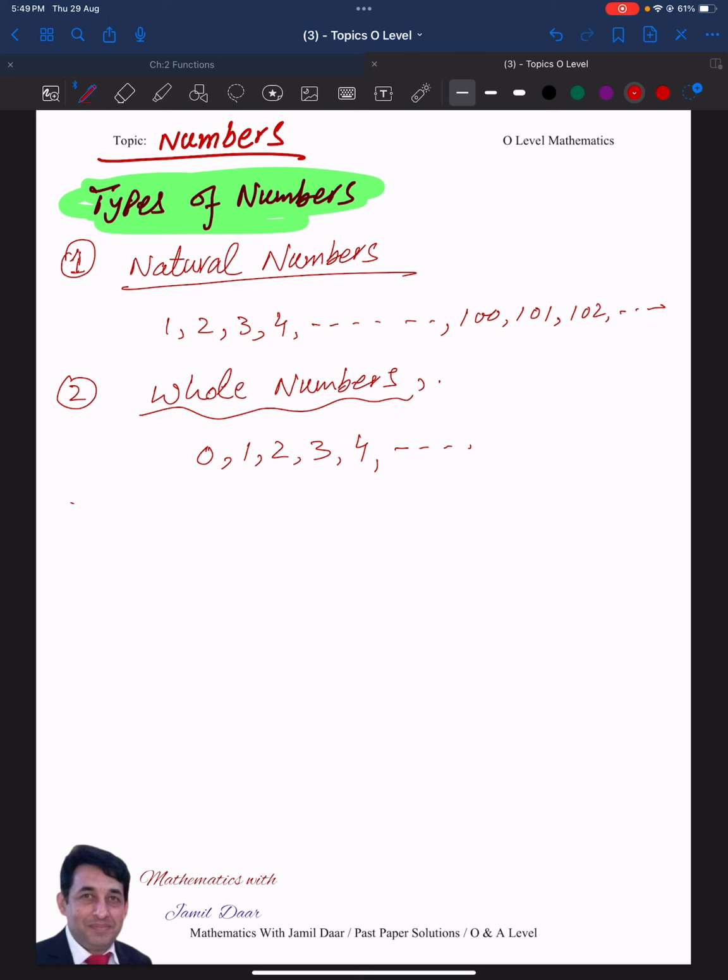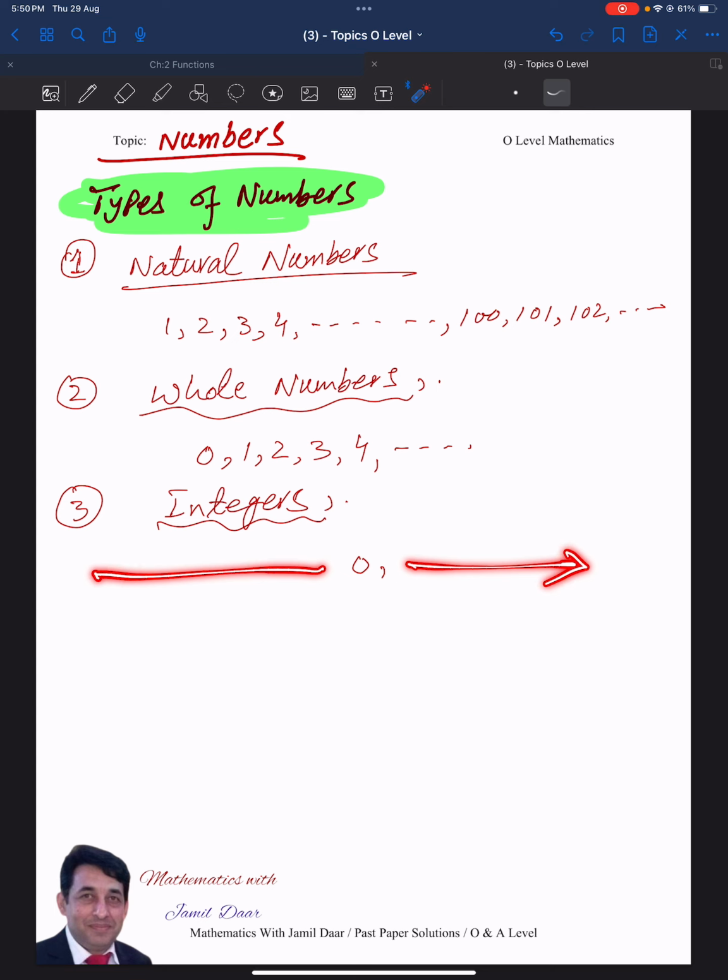Next, the third type is integers. So what are the integers? Integers are the positive natural numbers and negative natural numbers. So 0, positive natural numbers on this side, and negative natural numbers on this side.